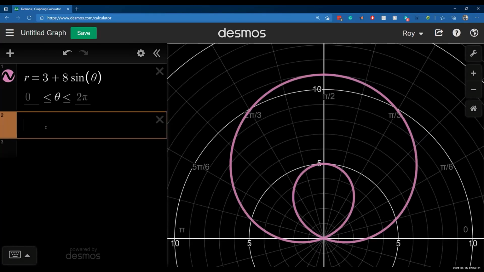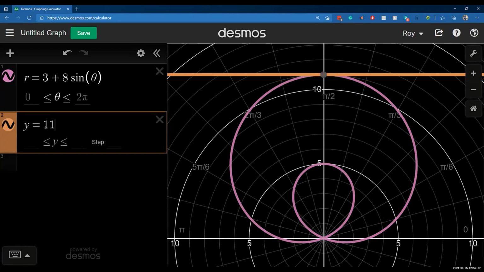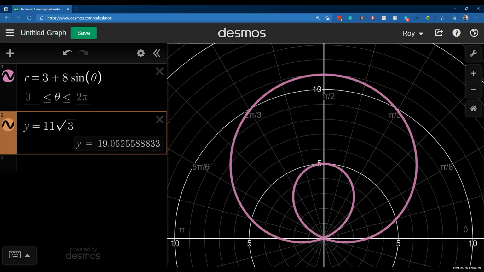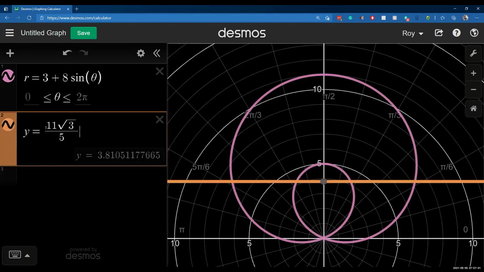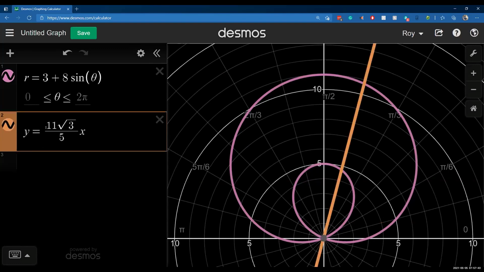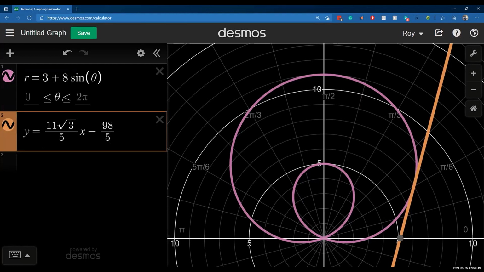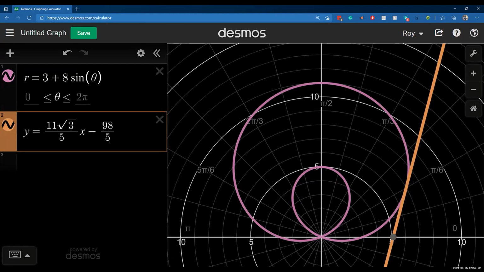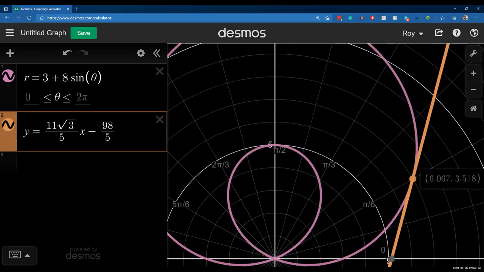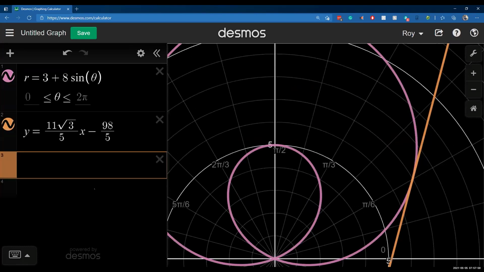And then what we found for our tangent line was y is equal to 11 square root of 3 divided by 5x, and then minus 98 over 5. And looky, you can see it right here, that this is probably about an angle of pi over 6.